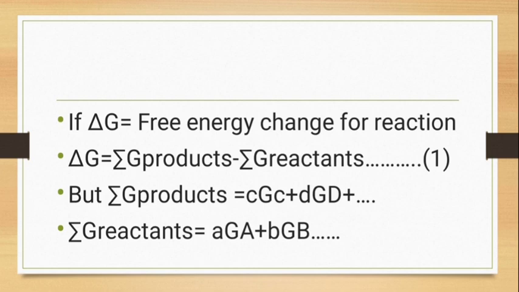In the same way we can write the equation for reactants. The summation of Gibbs free energy of reactants is equal to aGa plus bGb.